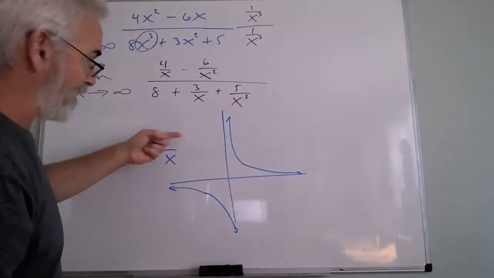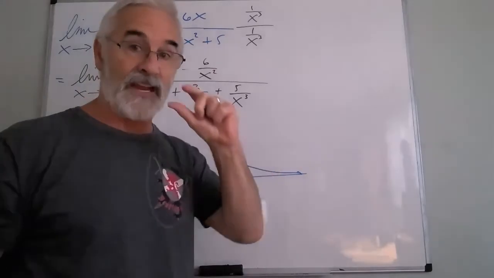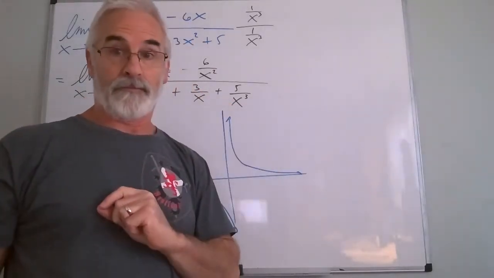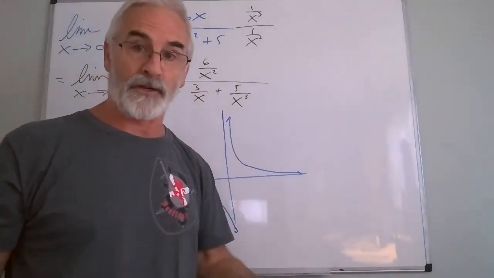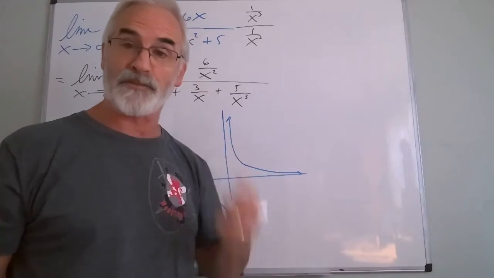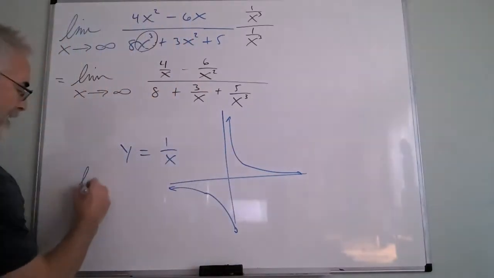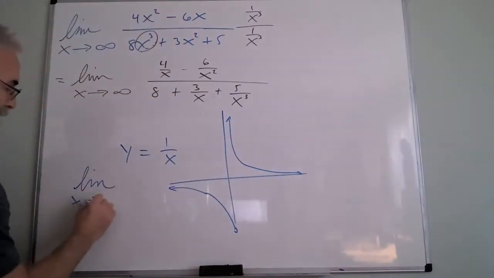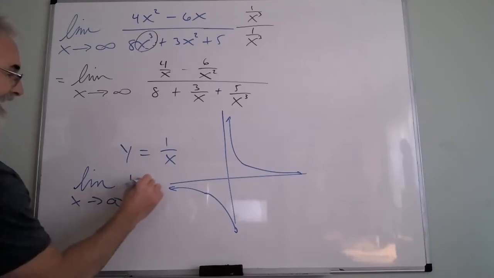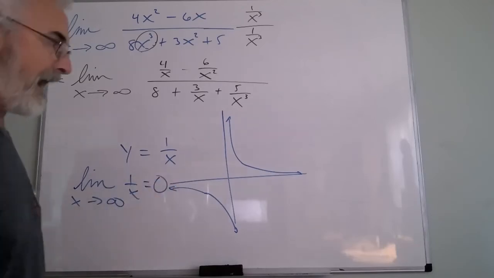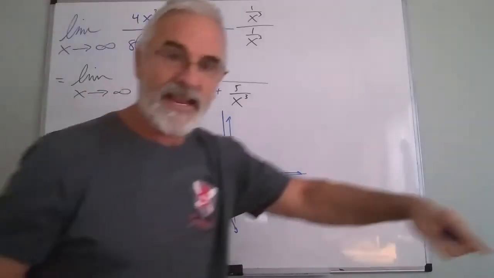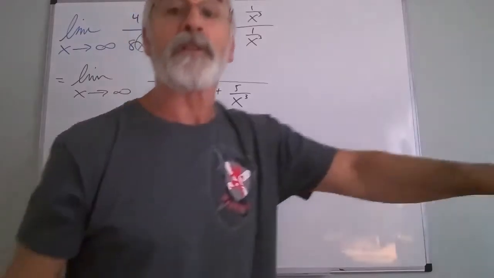But the difference between 1 over x and the x-axis is approaching 0. As x gets bigger and bigger, 1 over x gets what we call infinitesimally small. The limit as x approaches infinity of 1 over x is 0. I never get to 0. What's happening is, as x grows without bound, the limit is 0.